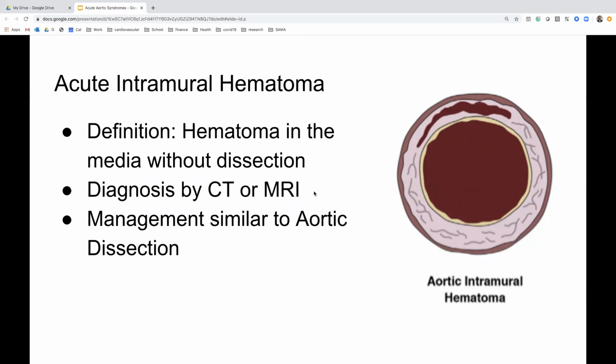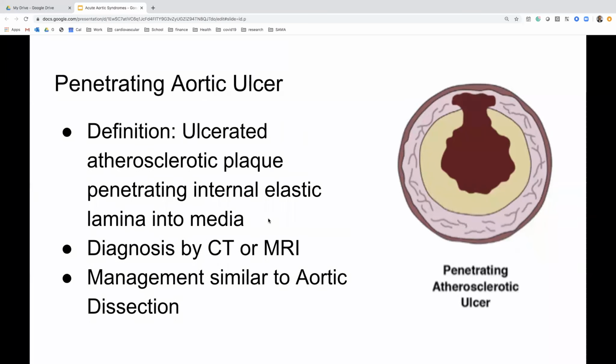So the diagnosis is by CT or MRI. You're not going to see this on echo. The management is similar: if it's ascending aorta, then you're going to do surgery. If it's descending aorta, then you're going to do medical treatment, and you're going to follow it with CTs.